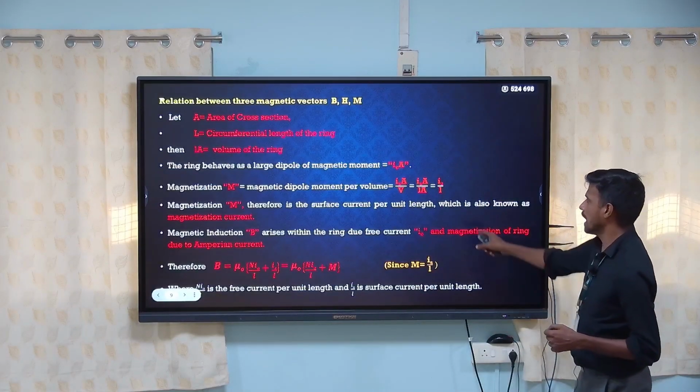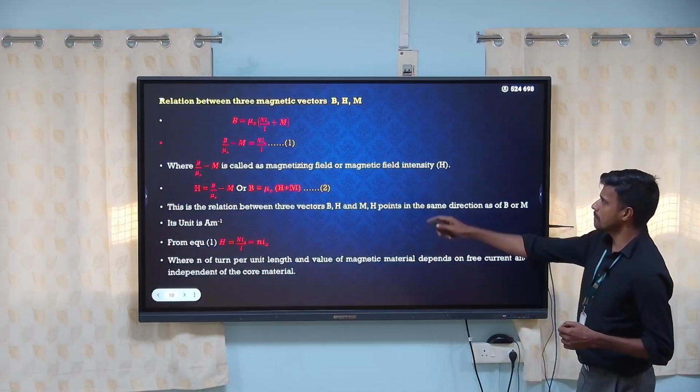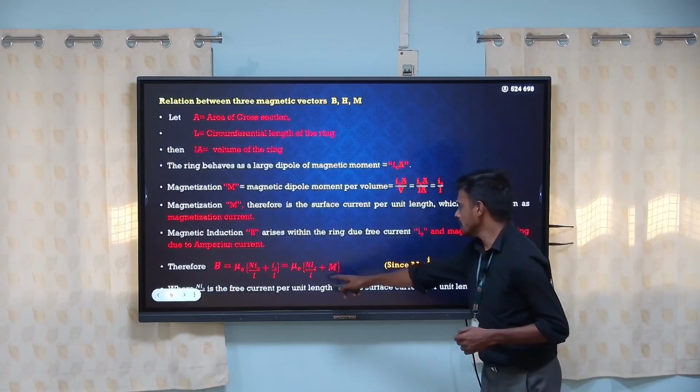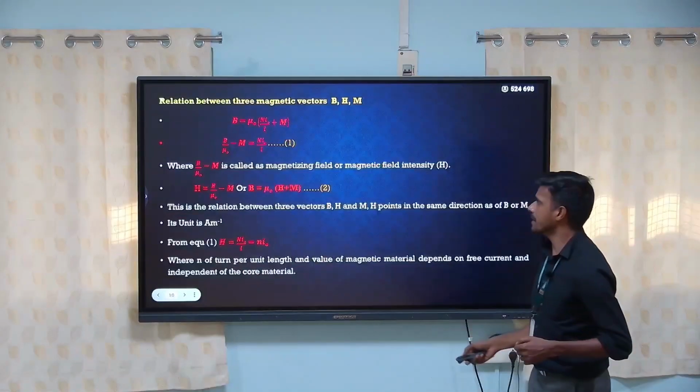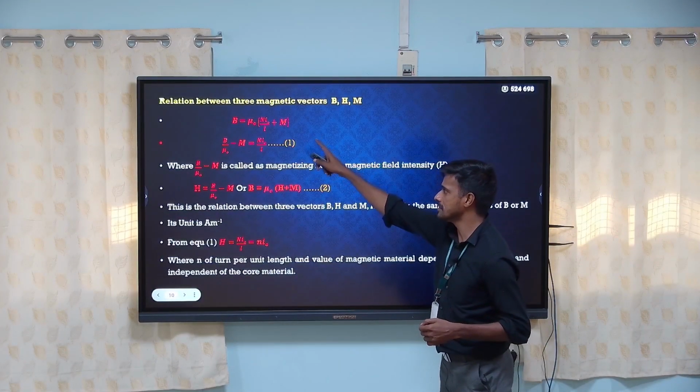We already know that Is by L is nothing but the magnetization M. So we simplify and conclude B is equal to mu naught (N I naught by L plus M).